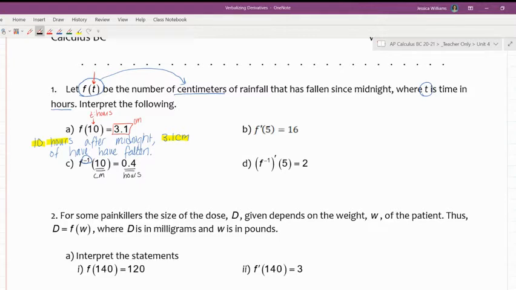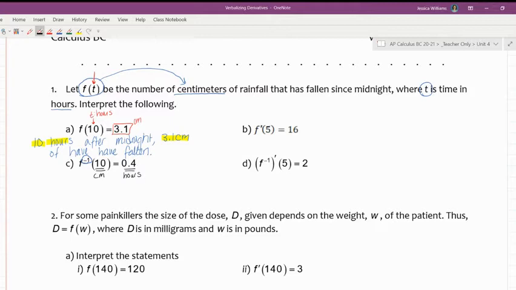Like, it would be nice if you used correct English and you spelled things well, but it doesn't matter that much. So I'm about to write a kind of strange sentence that if you were in an English class, you would write it differently. But as a mathematician, I don't care. I always talk about my input before I talk about my output, because as a mathematician, that's what we do.